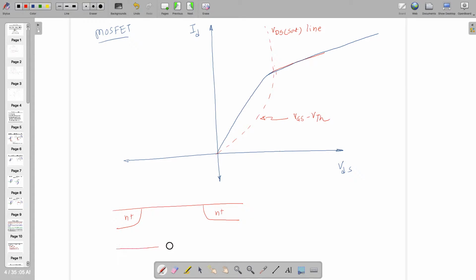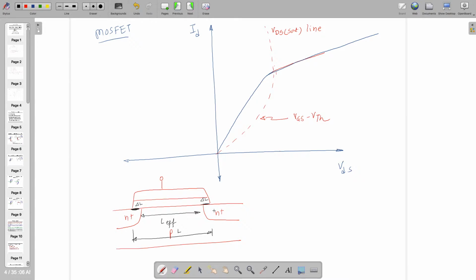You want to make the MOSFET like this, but the MOSFET has some overlap. See here, there is some overlap. You wanted to make the channel length like this, L, but effectively the channel length is this much only, reduced by this delta L.